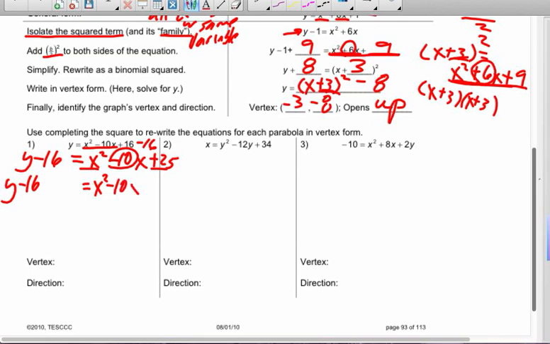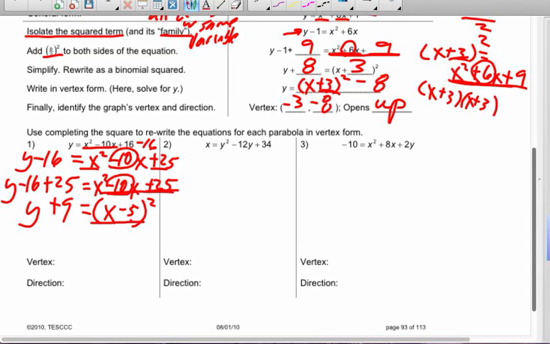That gets me my squared term. And because I added 25 out here, I need to add 25 out here. So now I simplify. I'm going to end up with y plus 9 equals, and remember to factor this, it's half of this b term. So it's going to be x minus 5 squared. And if you expand that, this gets you this.